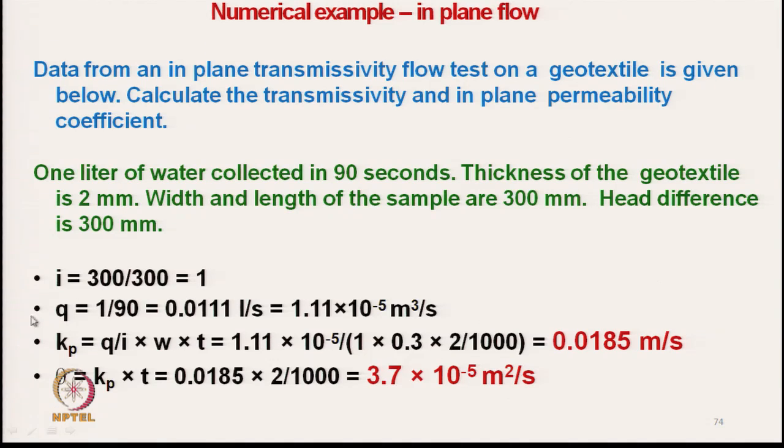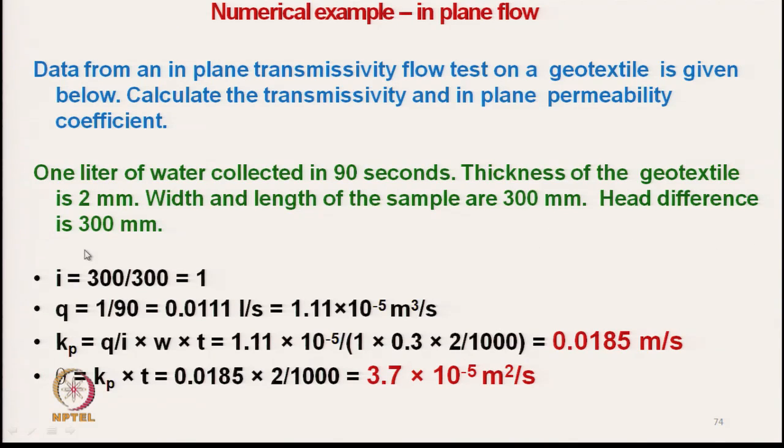That means flow rate is 1 by 90, which comes out to 1.11 multiplied by 10 to the minus 5 cubic meter per second. The thickness of geotextile is 2 millimeter, width and length of the geotextile is 30 centimeter each.